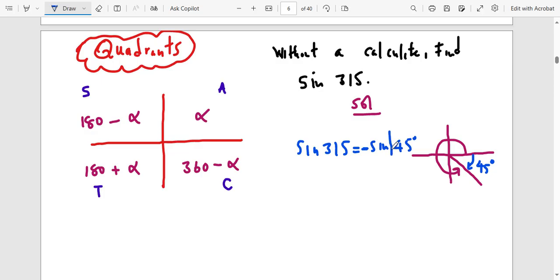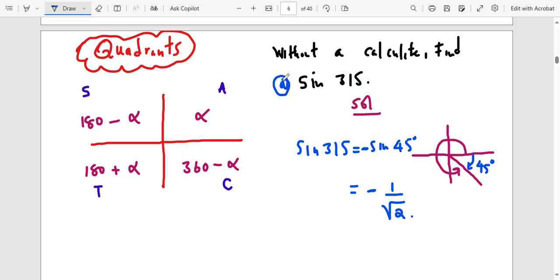The aim is to make sure that you find this angle. Why? Because it's a special angle. That's the one that we know the value for. Now we'll say this is going to be equal to negative, and remember, sine 45 is a special angle, and we said sine 45 is 1 over square root of 2. So this is how you find this one.